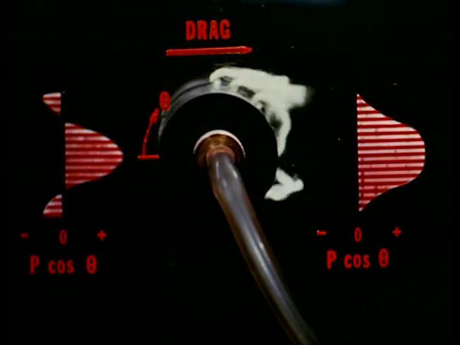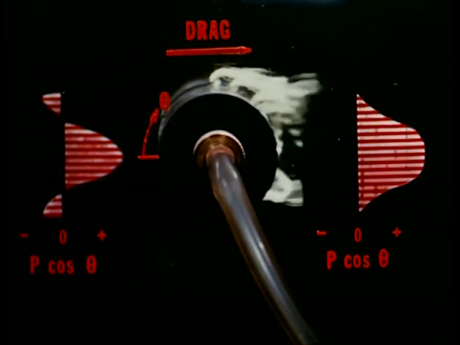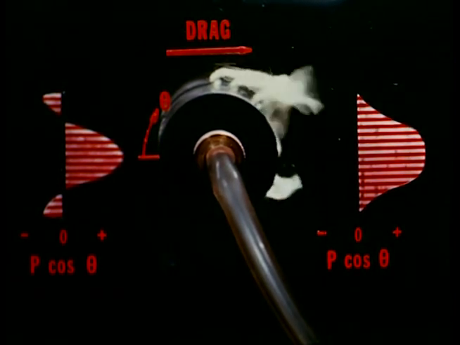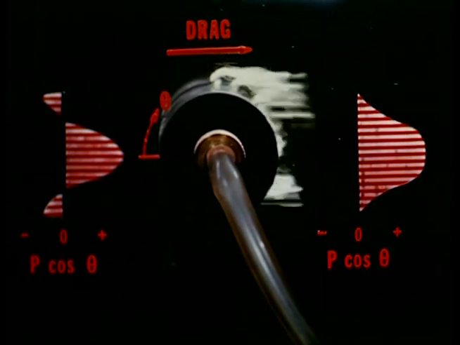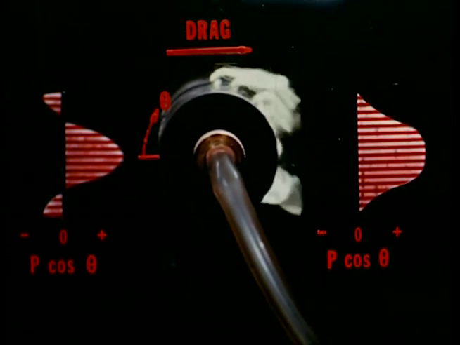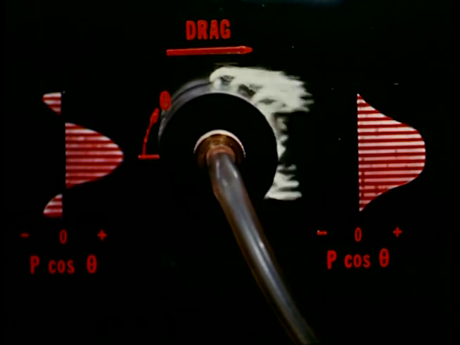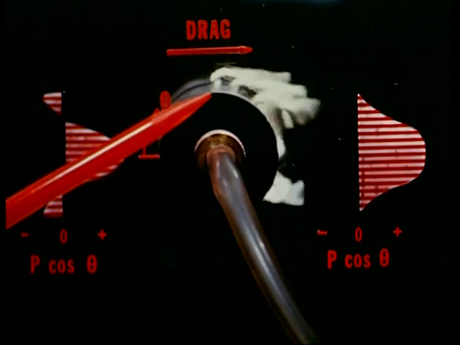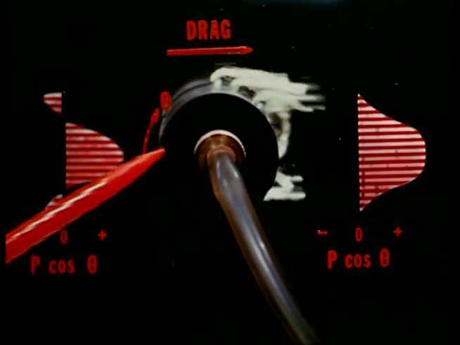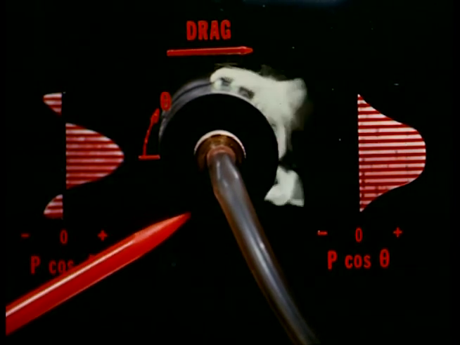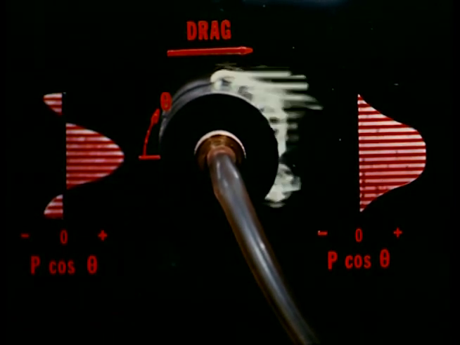When the pressure is resolved in the direction of motion, a net pressure force or form drag results. This is in addition to any skin friction drag occurring where the boundary layer remains attached to the wall.